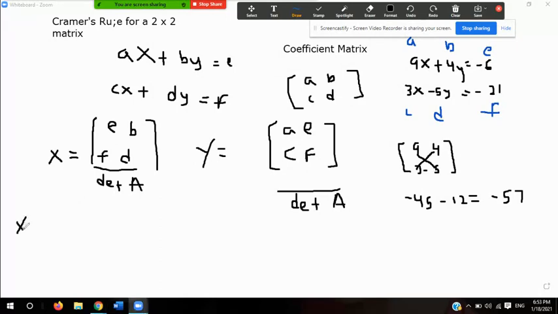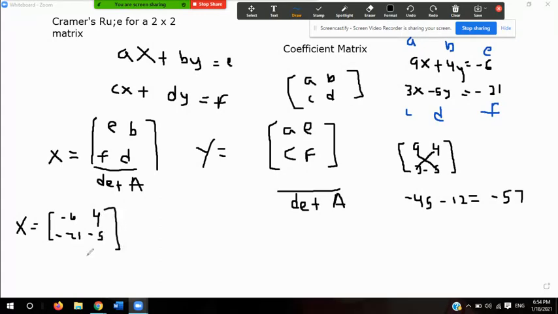Instead of saying x equals e, b, f, and d, we'll say x equals the matrix negative 6, 4, negative 21, and negative 5, and we divide that by the determinant of A, which was negative 57.